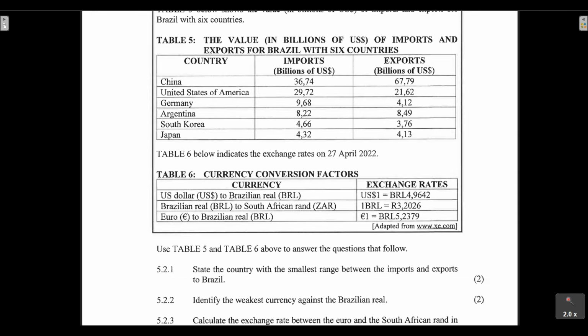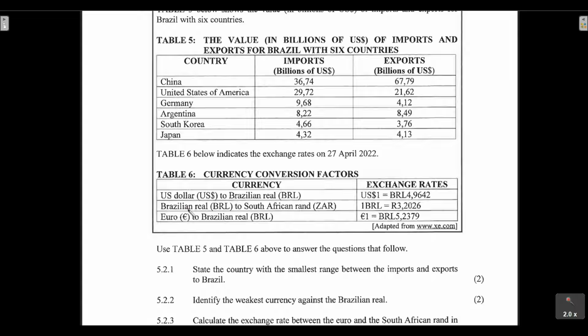It says table 6 below indicates the exchange rates on the 27th of April 2022. These are the currency conversion factors. We're given the currency in the left column and the exchange rates in the right column.